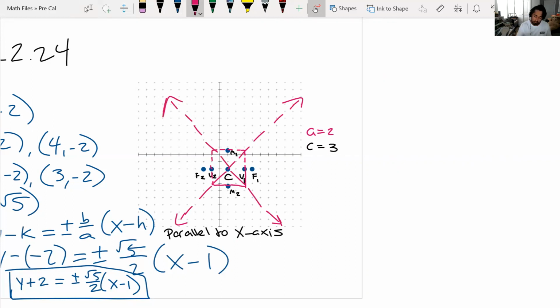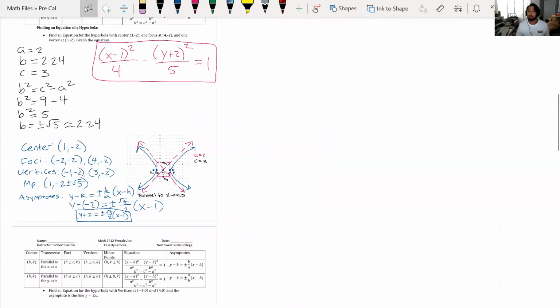And then let's go ahead and finish our hyperbola. So from the first vertex, I go up and to the right, down to the right. And then from the second vertex, up and to the left, down to the left. And there it is. There's our hyperbola with all the given information. All right.